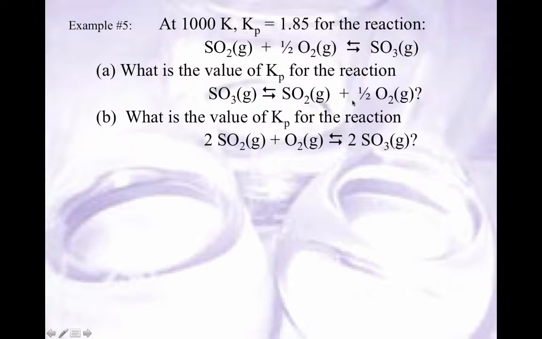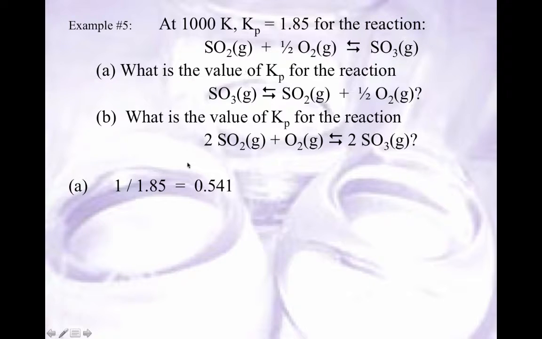So hopefully what you find is that it's actually the opposite. It's the reciprocal. So because it's the reciprocal, we take 1 over our Kp and we get 0.541. So when you have to flip a reaction, you actually do 1 over your K. For part B then, notice compared to the original, we're just multiplying by 2.